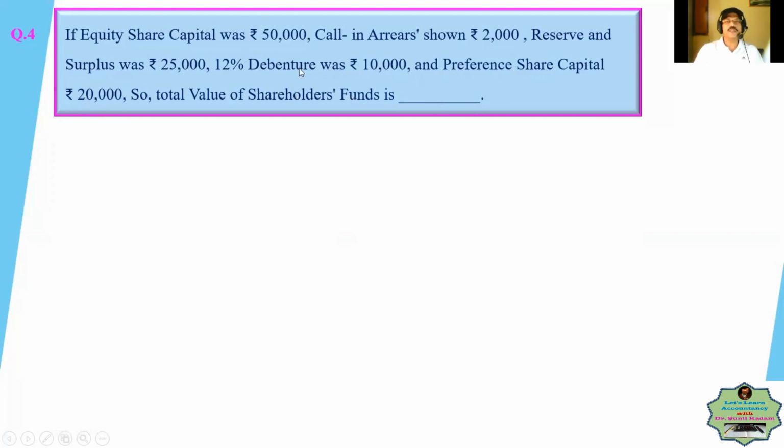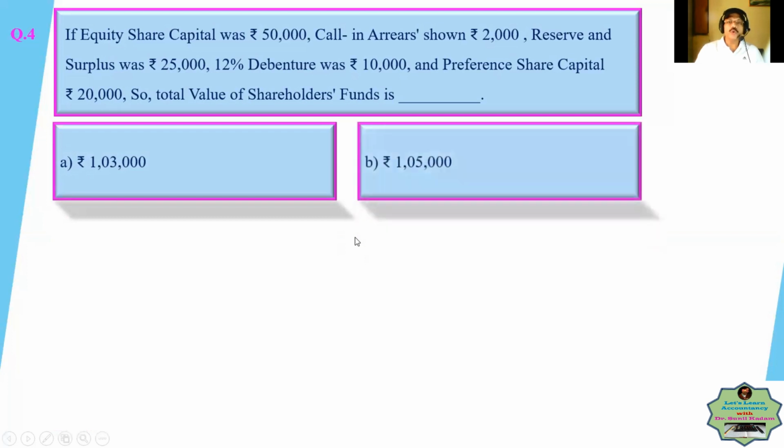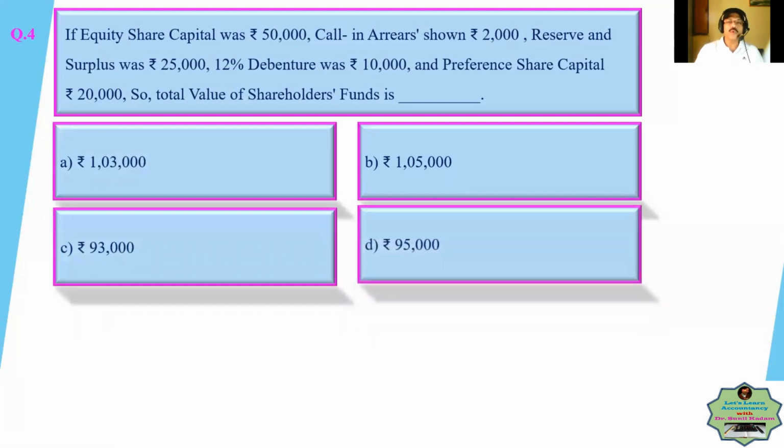One has to calculate the shareholders' fund, and I hope you know what is included in it. So let us first discuss the options. Option 1, rupees 1,03,000. Option 2, rupees 1,05,000. Option 3, rupees 1,93,000. And option 4, rupees 95,000. Out of this, one correct answer is there. So we need to take it into consideration.